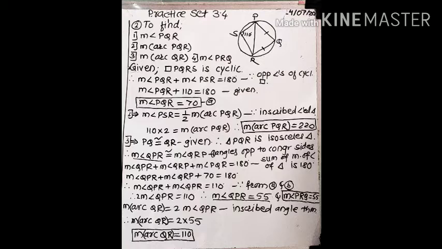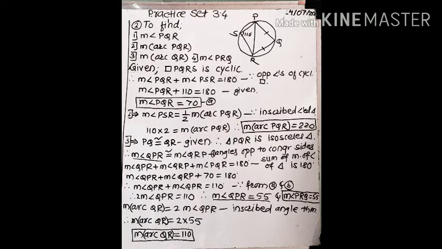And we know by the property of inscribed angle, measure of arc QR is twice the measure of angle QPR, and angle QPR we have 55. That's why measure of arc QR is 110.